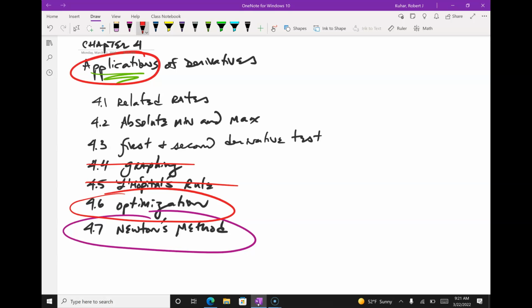If I'm making the boxes, I want to minimize the amount of material I use, but maximize what? The space, the volume. And so that's optimization, right? And so again, there's lots of ways to think about that. Again, what I will give you will be one or two types of problems.